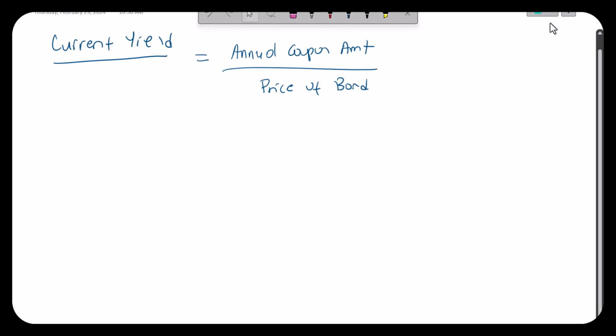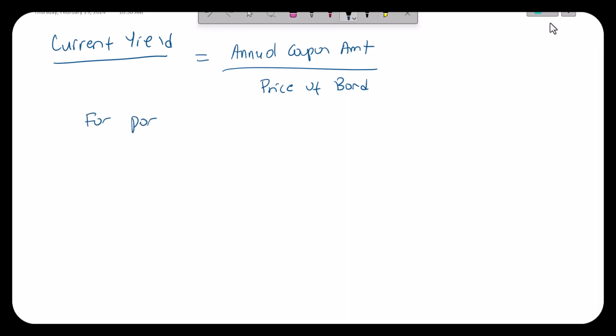It's annual coupon amount divided by the price of bonds. If we divided it by face value, that would be coupon rate. Okay, and there is kind of a relationship between these.